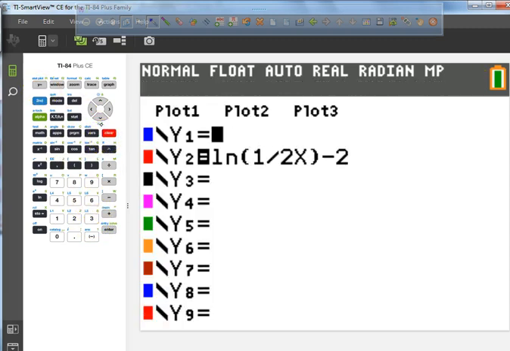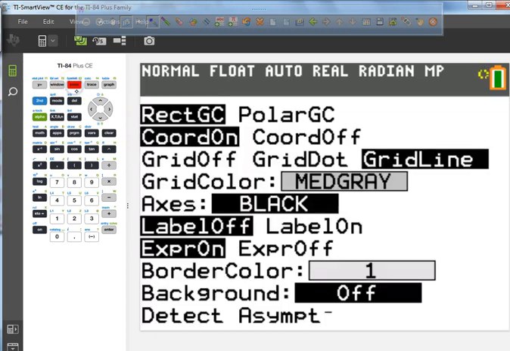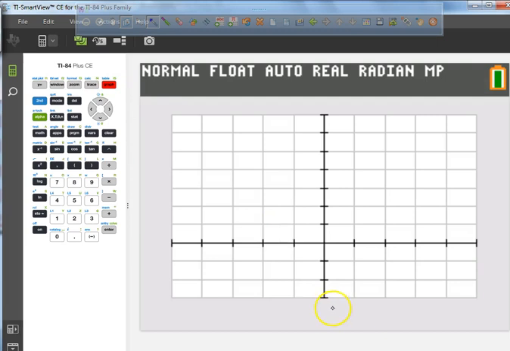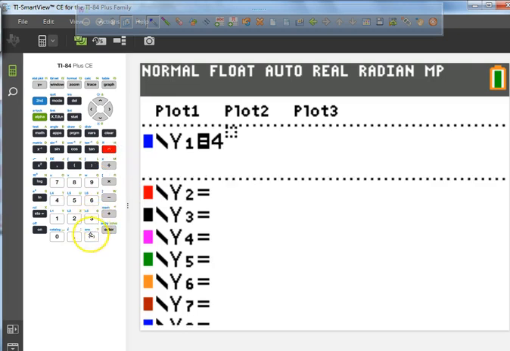Now go to y equals. We're going to type in our function. Right now your graph should look like this if the grid lines are on. If your grid lines are not on, make sure you hit second zoom and turn your grid lines on. Hit y equals, I'm going to say 4 to the power of negative x plus 2. Hit graph.